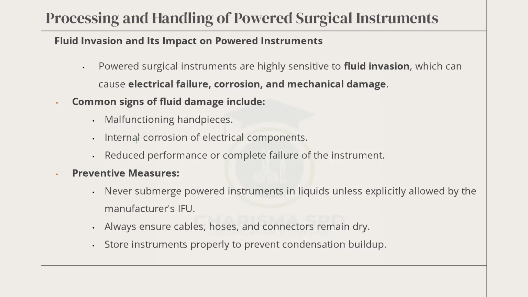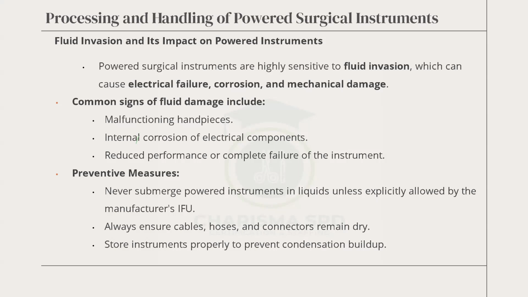All right. So power surgical instruments avoid fluid invasion. Common signs of fluid invasion damage include malfunctioning handpiece. Yes, it will malfunction. You take it to the room, they plug it, they press the trigger, no movement, dead completely.